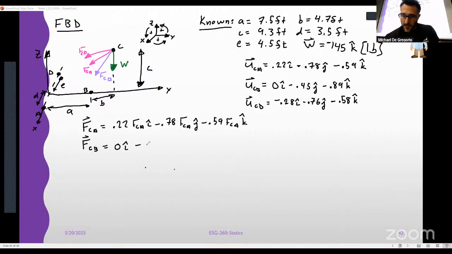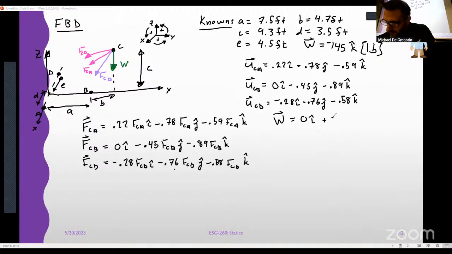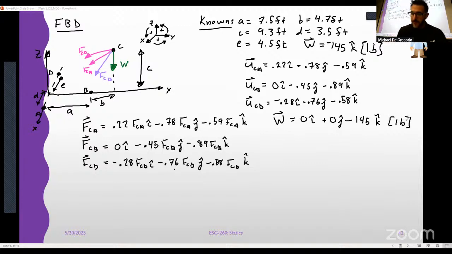FCB is 0 in the I, minus 0.545 FCB in the J, minus 0.89 FCB in the K, and FCD is equal to negative 0.28 FCD I, minus 0.76 FCD J, minus 0.58 FCD in the K. And we have our W vector, but just to remind us, all of these vectors would be in pounds when we report them, all right? So we've got all of our vectors.